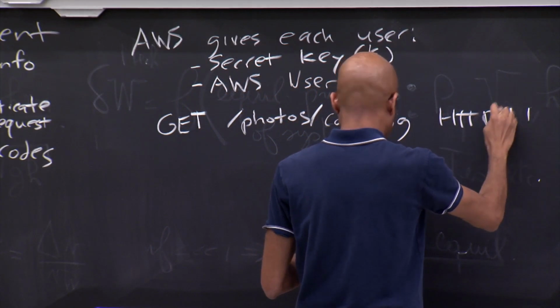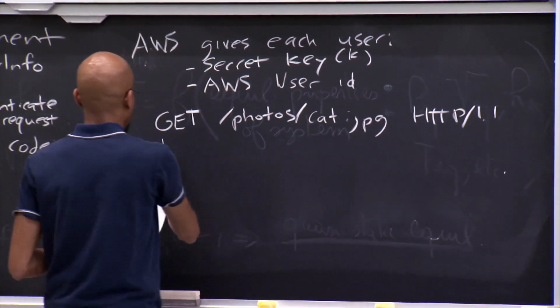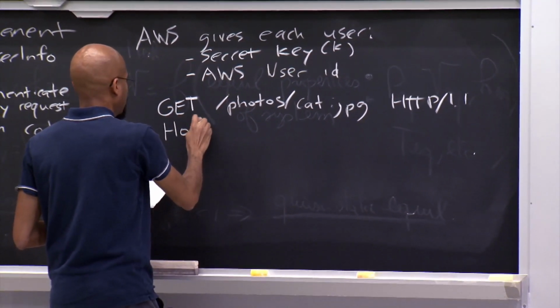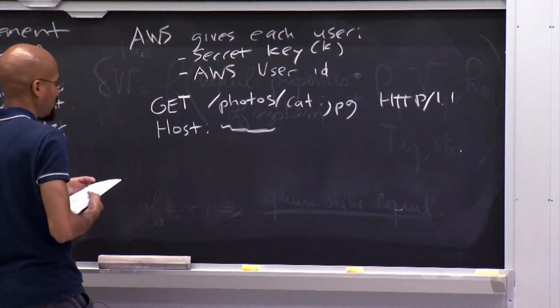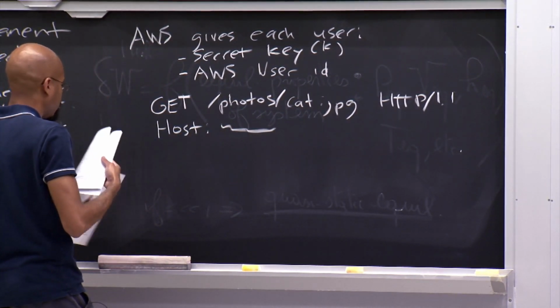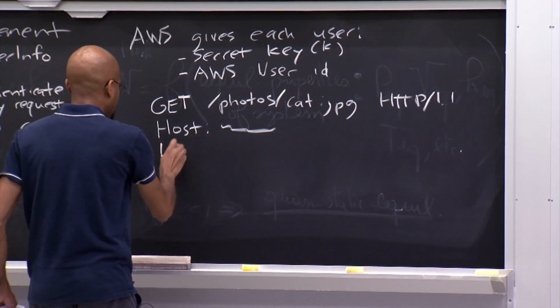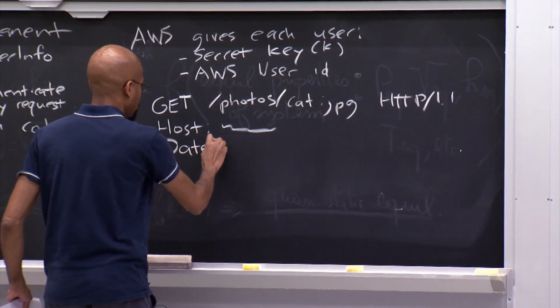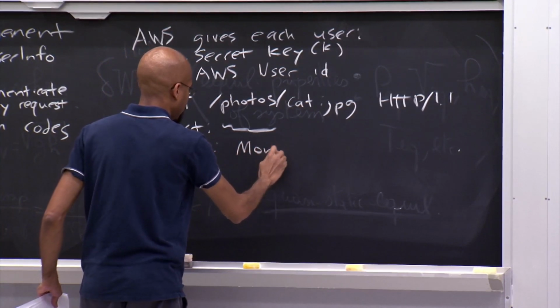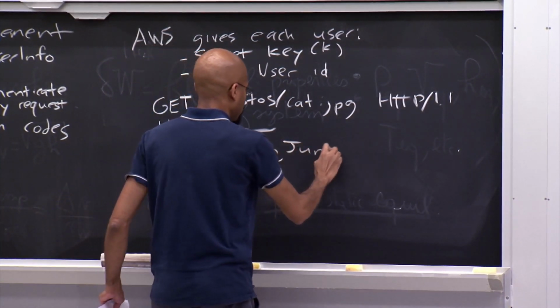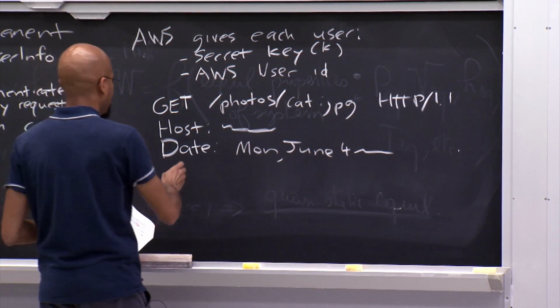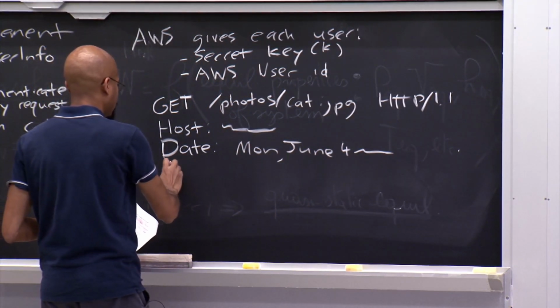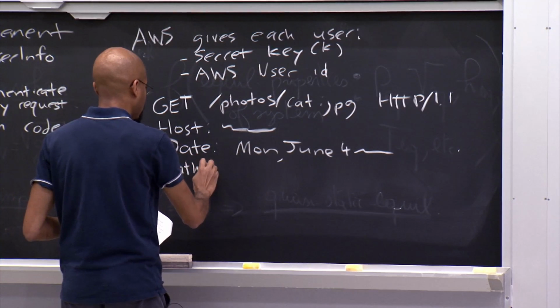And then you'll put the host from which you expect to get it. That's not super important, so this is just some AWS server that's there. You'll have a date, right? So maybe this is Monday, June 4th, whatever. And then you have this thing that's essentially the authorization field.